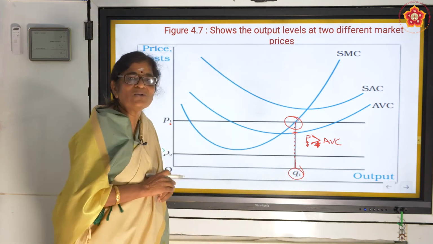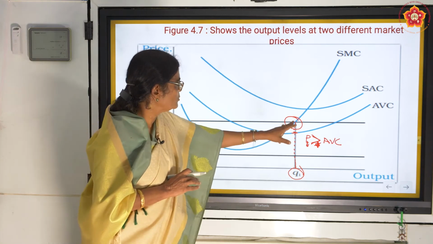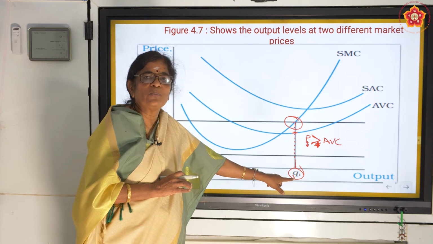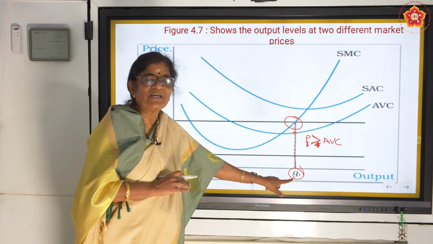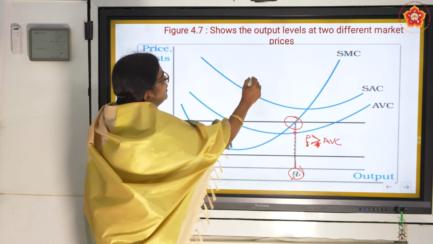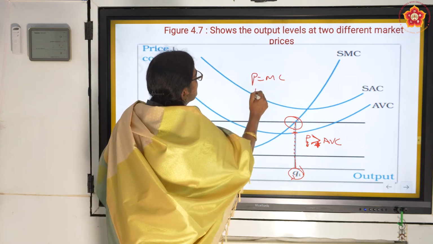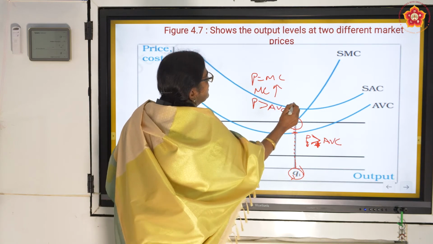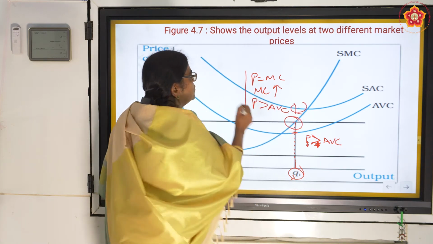Therefore, that condition also is fulfilled. This is the profit maximizing level of output for a firm under perfect competition. All three conditions, P equal to MC, MC increasing and P greater than AVC in the short run, are fulfilled.